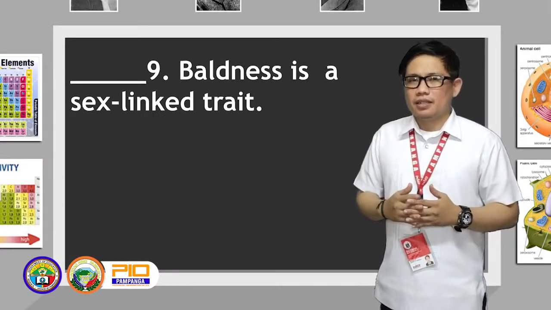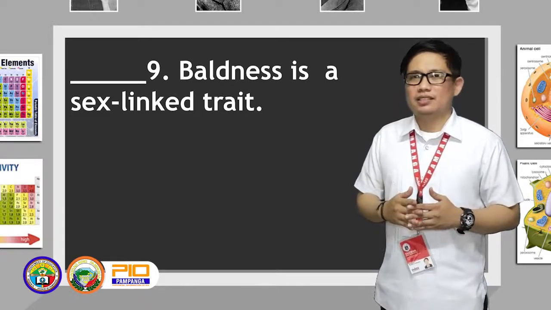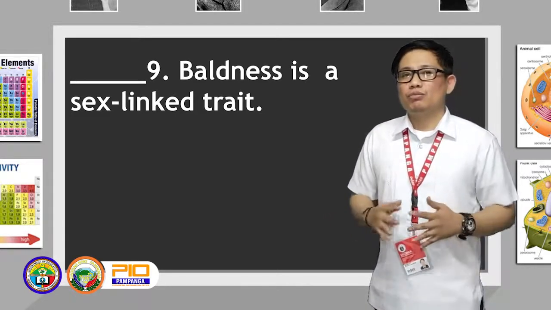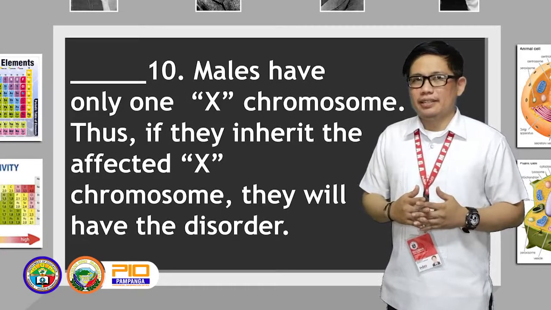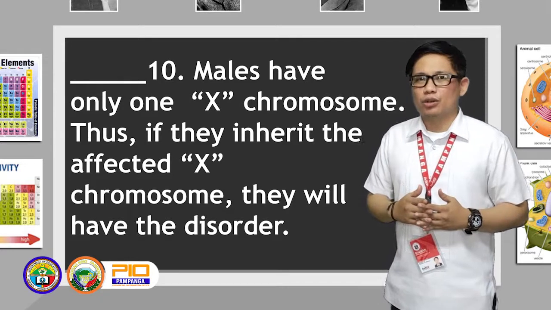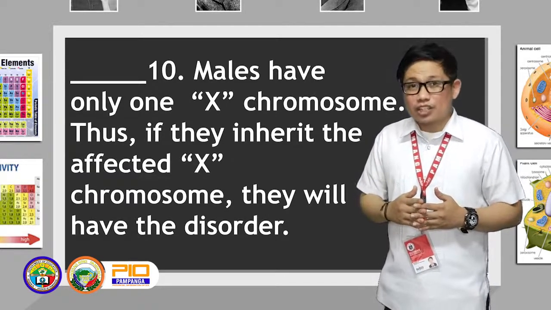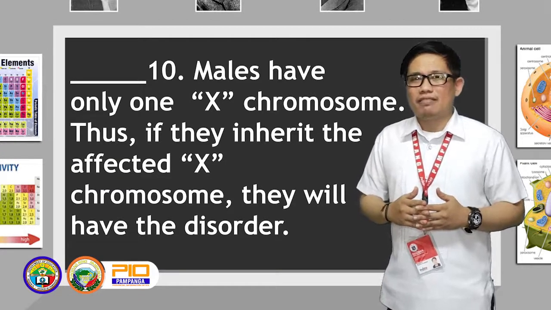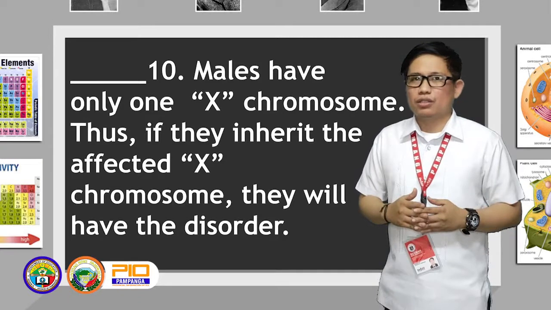Number 9. Baldness is a sex-linked trait. True or false? Number 10. Males have only 1 X chromosome. Thus, if they inherit the affected X chromosome, they will have the disorder. True or false?